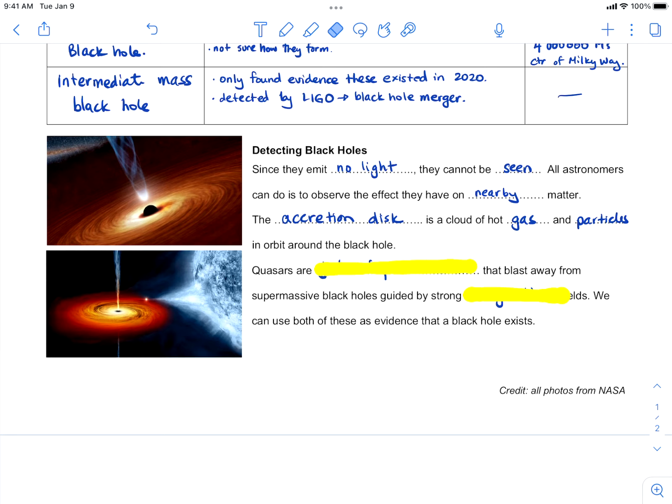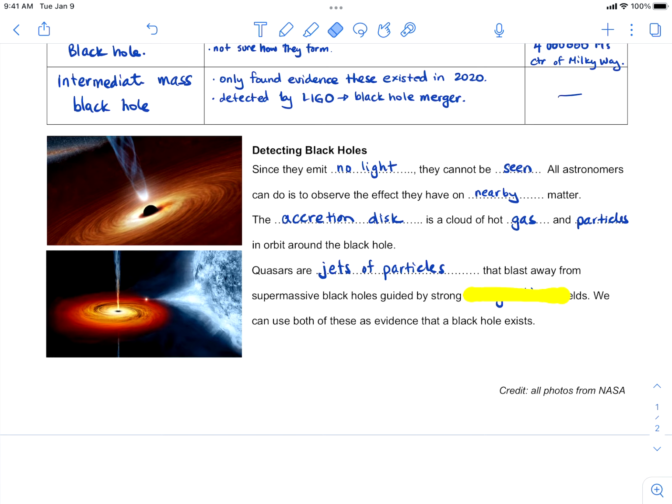Also, we can look for quasars. Quasars are these jets of particles, and you can see them in the two diagrams that we have here, these jets streaming out of these black holes. Now, it's important to note that these jets of particles aren't coming from within the event horizon.